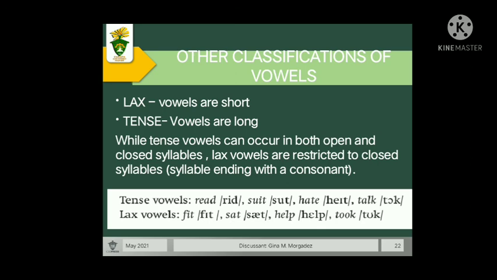While tense vowels can occur in both open and closed syllables, lax vowels are restricted to closed syllables. When we say closed syllables, these are syllables ending with a consonant: read, shoot, hate, talk, sat, help, took.